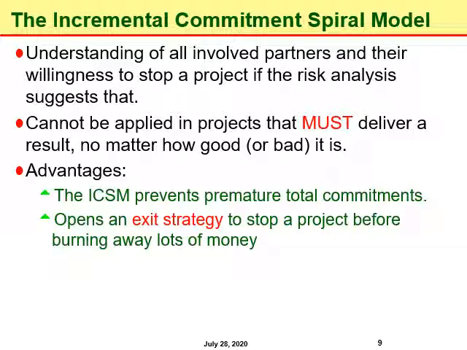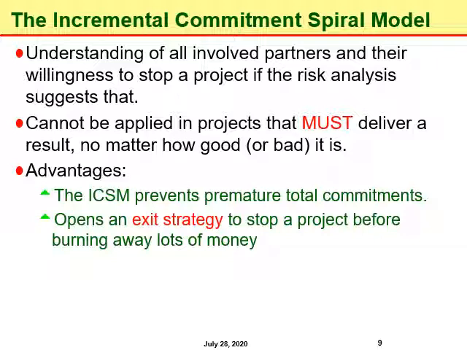So the advantages of incremental commitment spiral model are, the first one is that the incremental commitment spiral model prevents premature or total commitments, which can lead to a situation where there is no way back. The early identification of project risks and either their mitigation or the adjustment of the project scope facilitate the estimation of expected and actual project results.